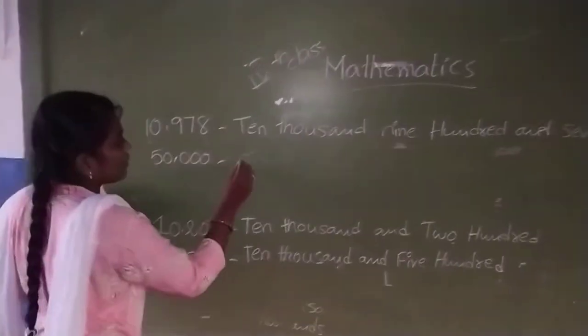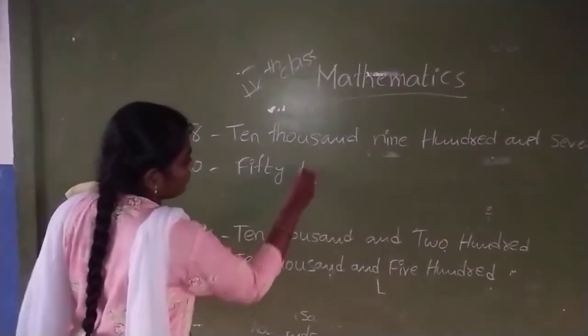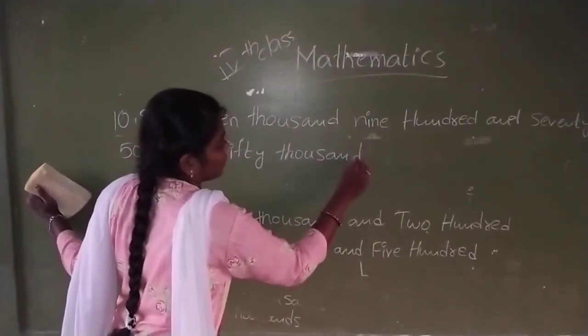In the same way, this can be read like this: 50,000.